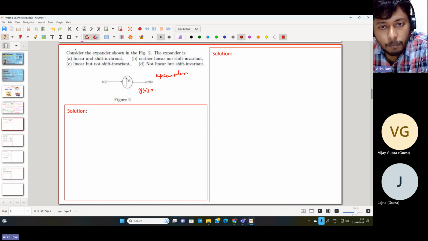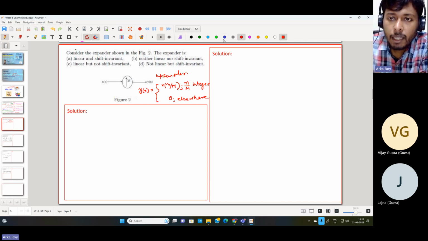For an upsampler, the output yn is related to the input as x of n divided by m, where n by m should be an integer, and 0 elsewhere.